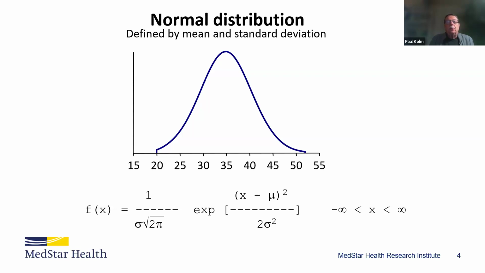The normal distribution is infinite in the sense that, if we're going to use a distribution to, say, calculate sample size, we assume that we would have an infinite number of subjects or patients for our study.